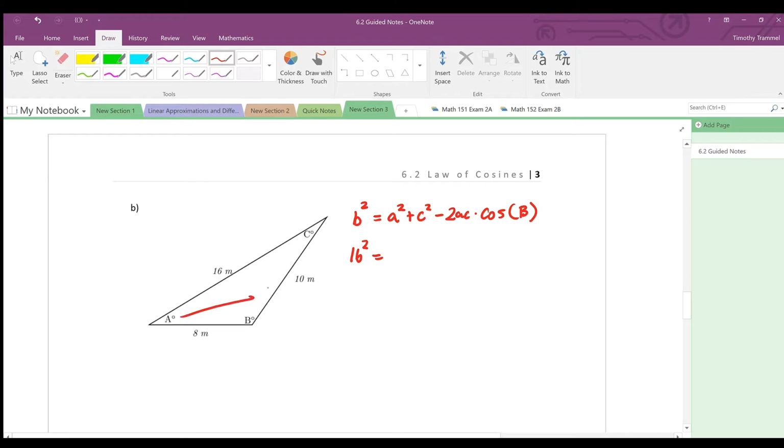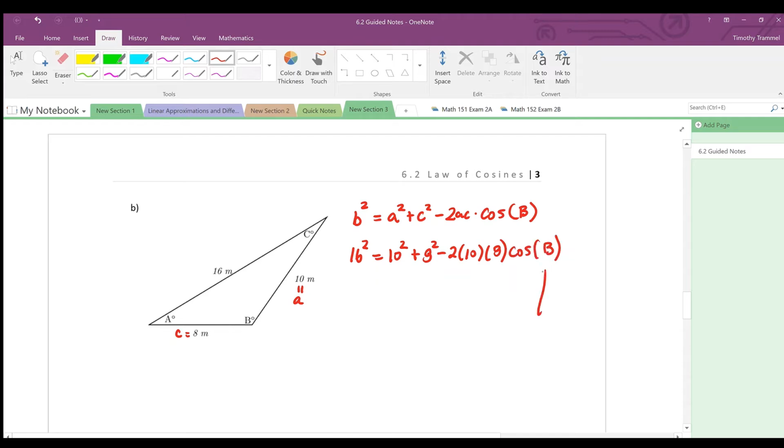Well, opposite of angle A is side A, so we have 10 squared here. And then opposite of angle C should be side C, so then we have plus 8 squared. And then minus 2 times A times C, and then cosine of B.